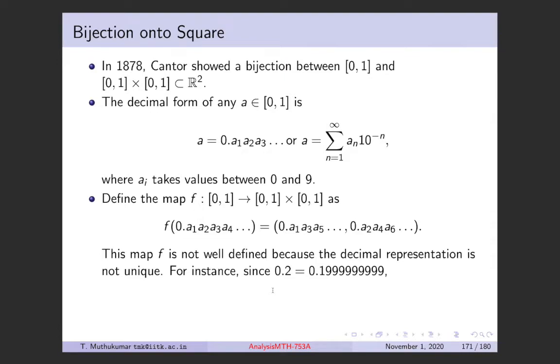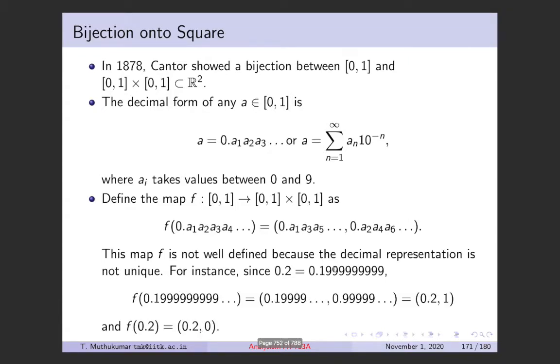For instance, in this example, 0.2 is 0.1999 repeated infinitely. Let's see f of 0.1999.